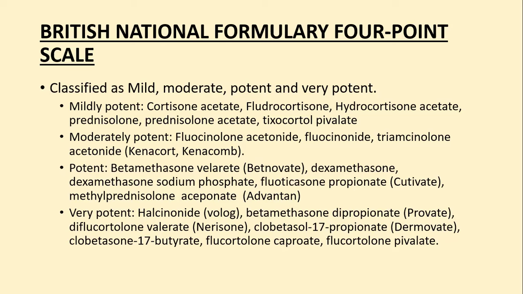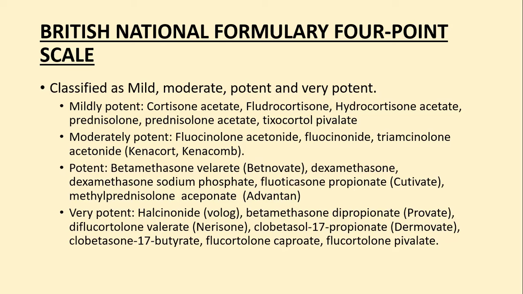Then moderately potent include fluocinolone acetonide and triamcinolone acetonide, Kenacort or Kenacomb. Potent include betamethasone valerate, which is Betnovate, dexamethasone sodium phosphate, fluticasone, which is Cutivate, and methylprednisolone aceponate, which is Advantan.